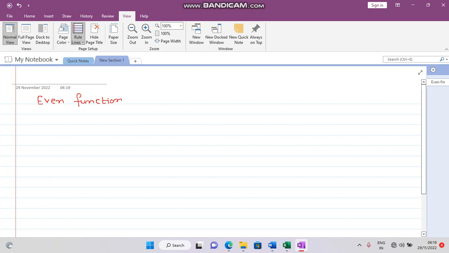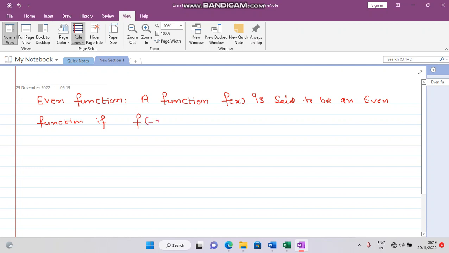A function f of x is said to be an even function if f of minus x is equal to f of x for all x belonging to the domain of the function.